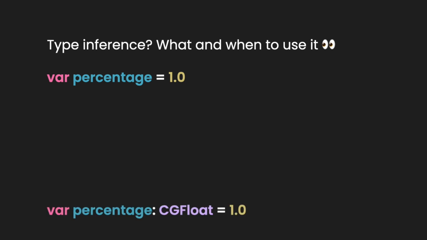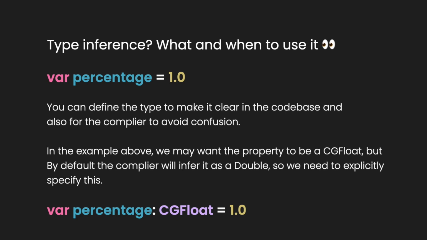So with type annotation, we specify the type that we want this variable to be. You can see at the bottom that we've now made it clear to the compiler and to the user that this property percentage is a CGFloat. So now when we're using this, it's clear.